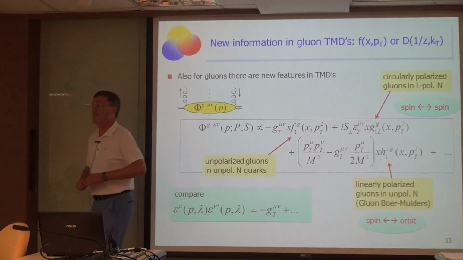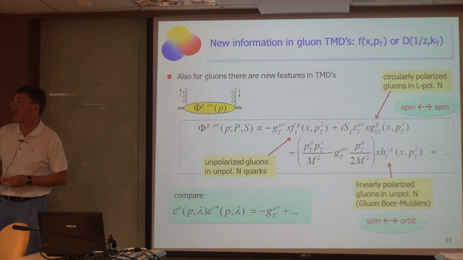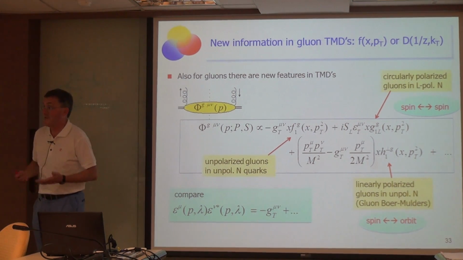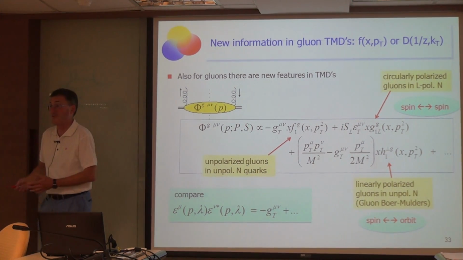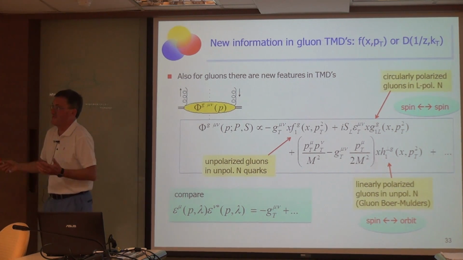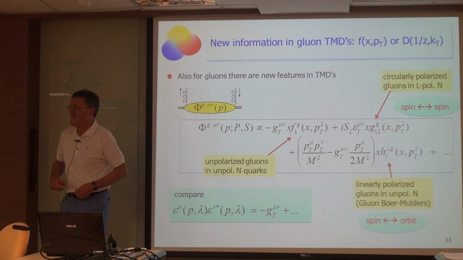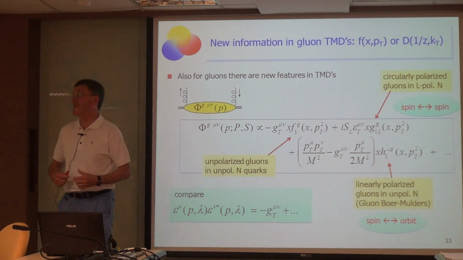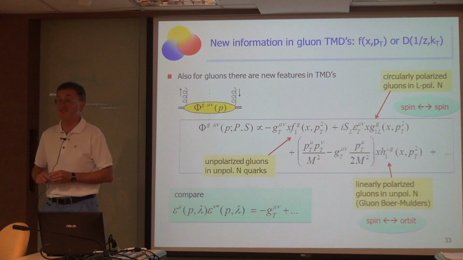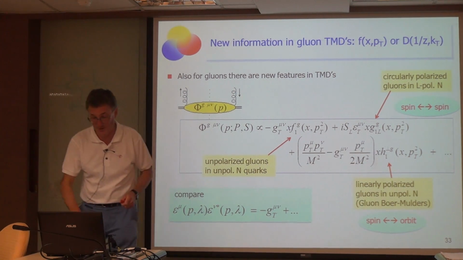But that doesn't mean that it cannot be 60% or 70% of it. But then quarks in a nucleon would be really transversely polarized, linearly polarized gluons, which is not very natural in that sense. So most likely the function is not that large. At least I wouldn't know a mechanism that naturally produces it in models.